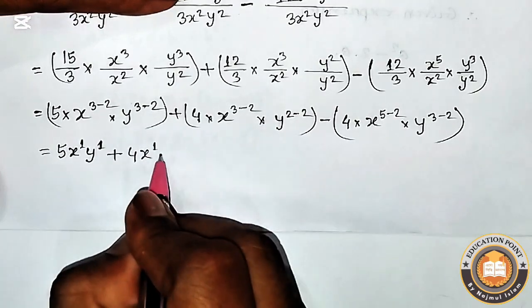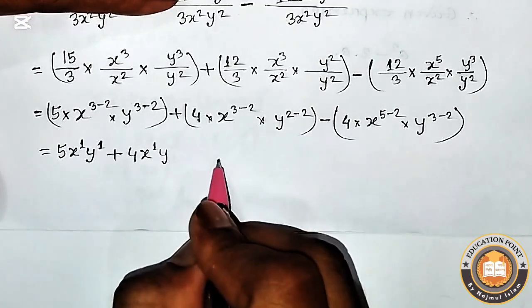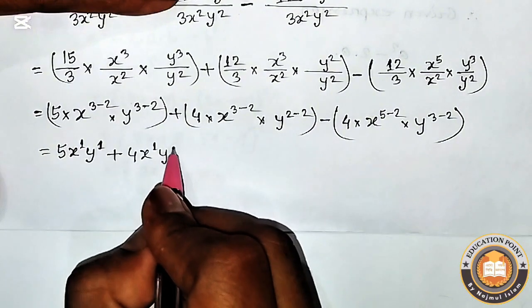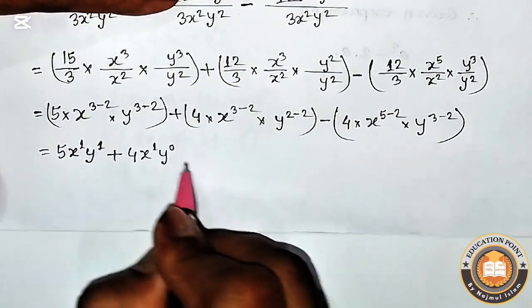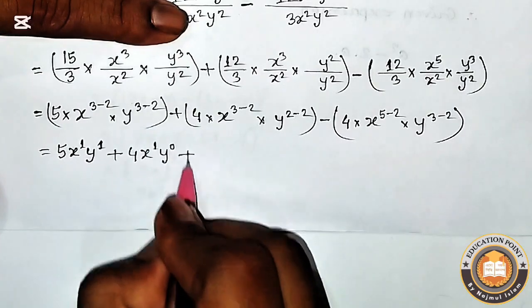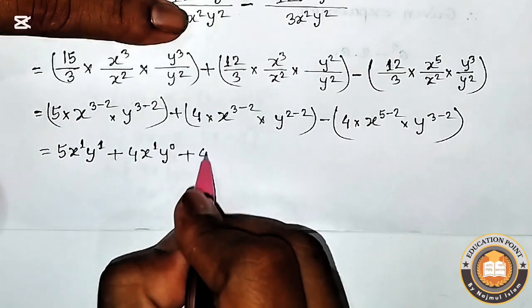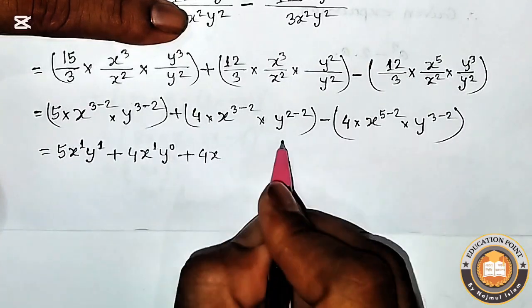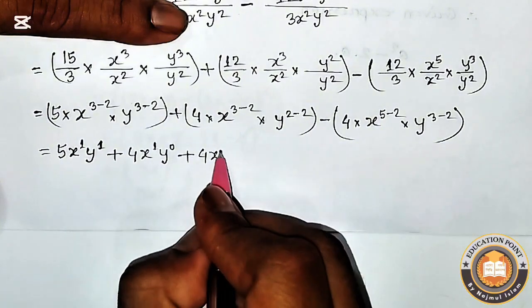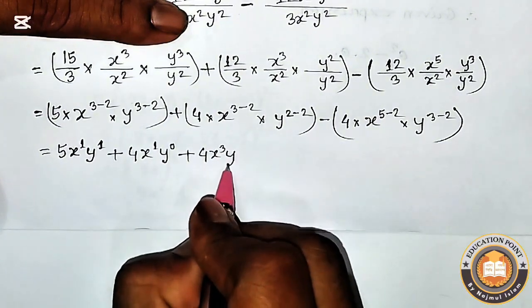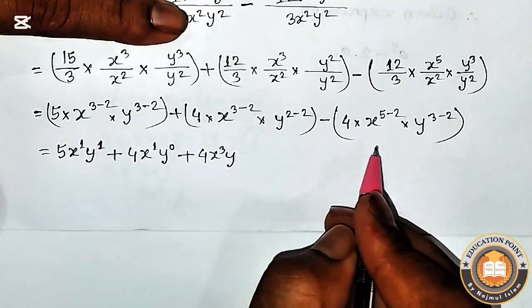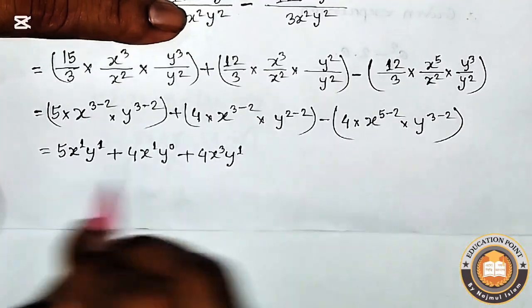equals 1, into y, subtracted value of 2 minus 2 equals 0, plus 4 into x, their subtracted value 5 minus 2 equals 3, into y, their subtracted value 3 minus 2 equals 1.